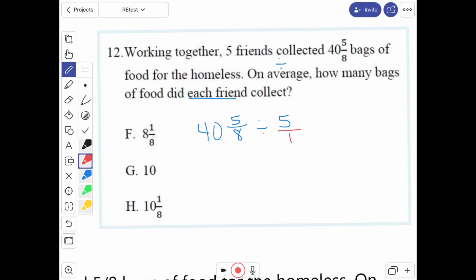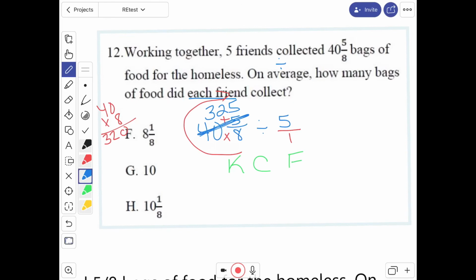Well, I know that 5 is going to need a 1 under him. And then I need to change the mixed number to an improper fraction. So 8 times 40. 8 times 4 is 32, so that's 320 plus the 5 makes this new numerator 325.